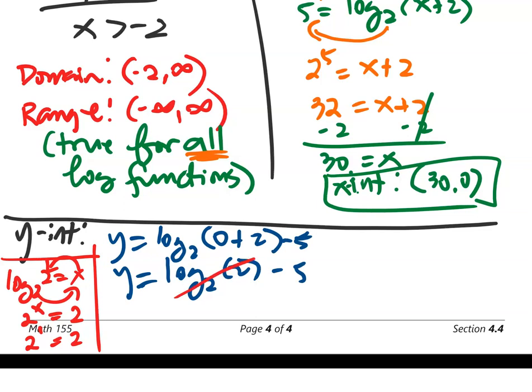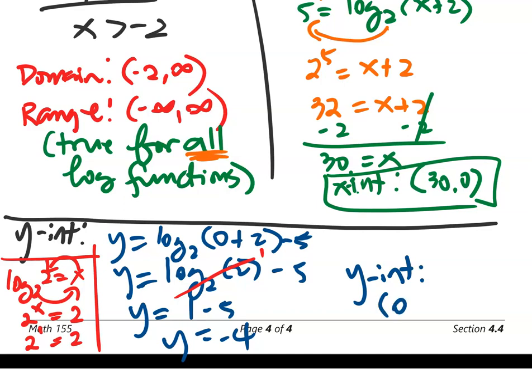So meaning this is equal to 1. So y is equal to 1 minus 5. So y is equal to negative 4. So your y-intercept is 0 and negative 4.